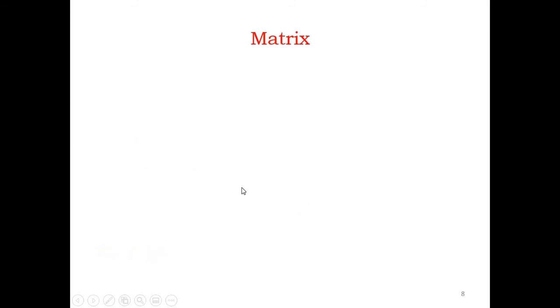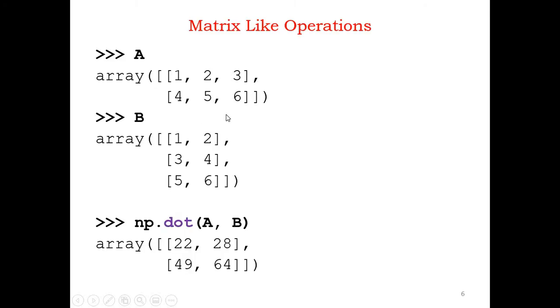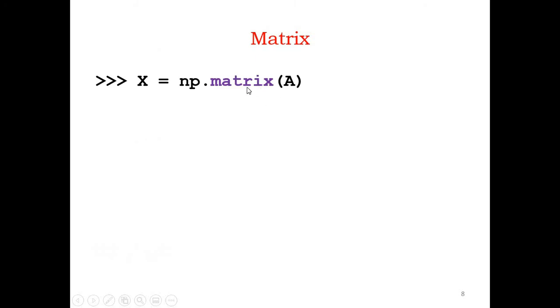Now the real matrix. You actually have a matrix function. From NumPy you call this matrix. Suppose A was this array, and now you put A inside this matrix function.